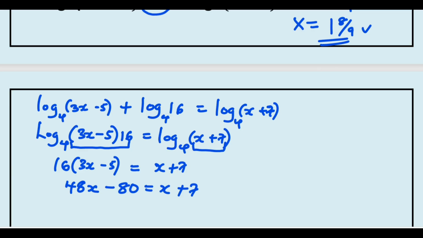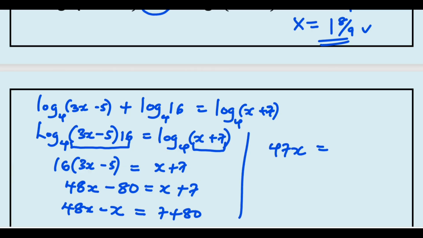So now collect like terms. So 48x minus x is equal to 7 plus 80. So 48x minus x, we get this is 47x is equal to 87. So to get x, divide both sides by 47.